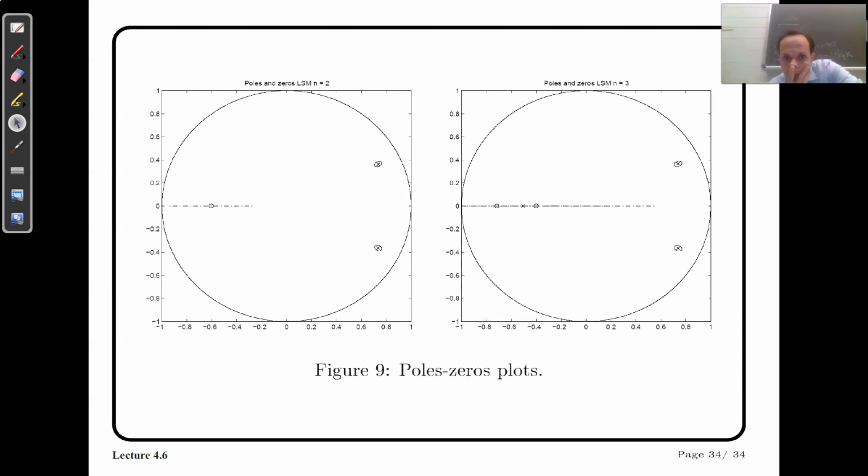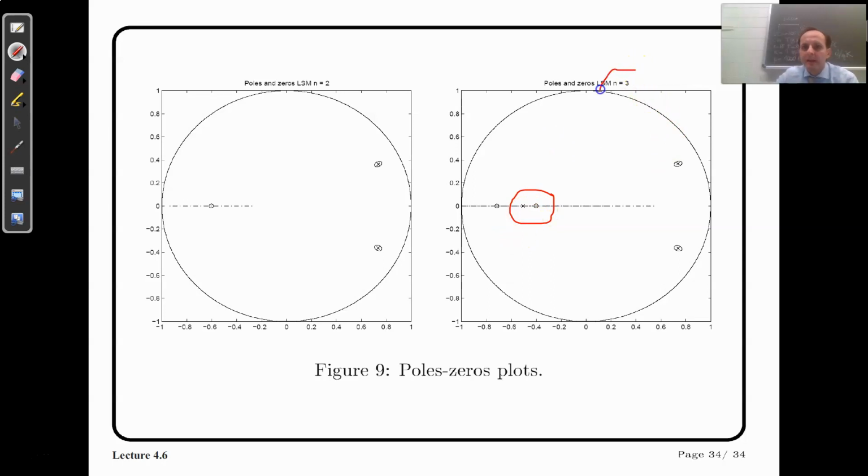When you inspect the zero-pole plot, for example, you can see that when you consider order 2, you have 1 zero and 2 poles, but when you introduce 1 pole and 1 zero more, it means there is a cancellation: you have 1 pole which is very close to the zero.